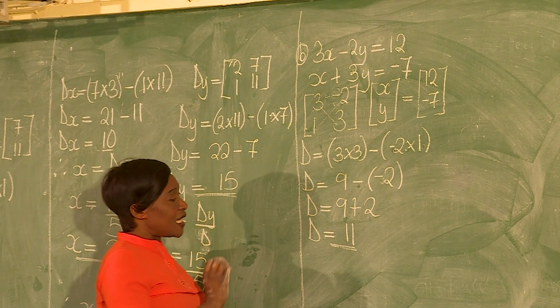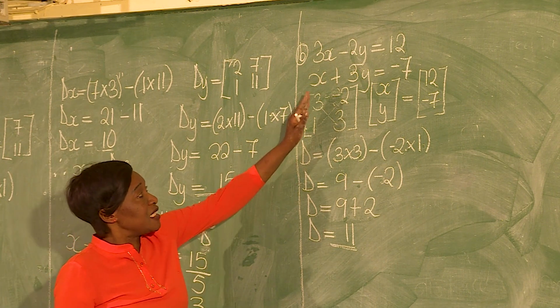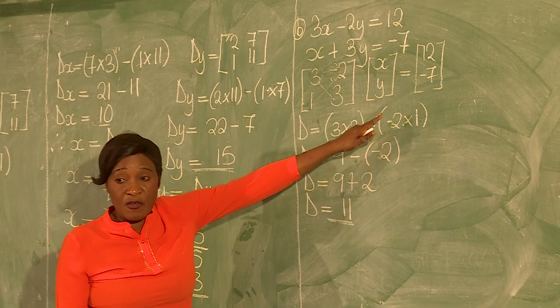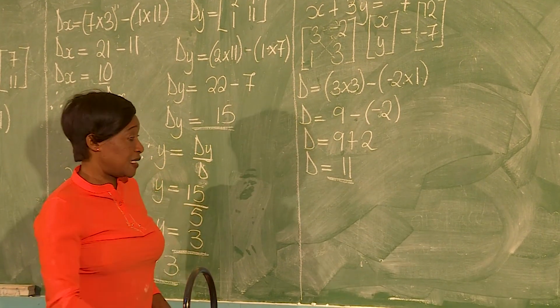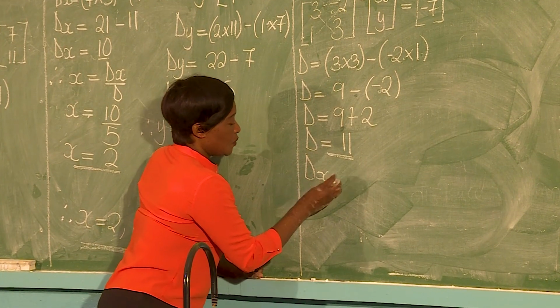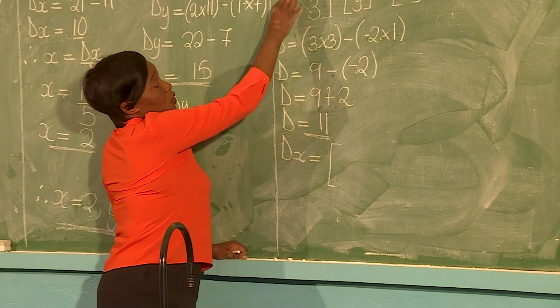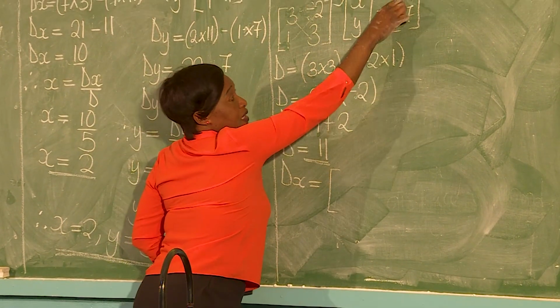Now, we start finding the other determinants by replacing the x column with the constants. Then we find for x and we continue like that. So here we are going to find the dx. The dx will be equal to, we'll substitute the x column with the constants there.